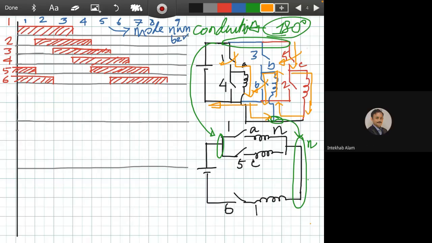Since we will use a balanced load with a 3-phase inverter, what can we say? We can say that the impedance Z will be the same. Since we use a balanced load with the inverter, the three Z will be the same. So what will be the output voltage?